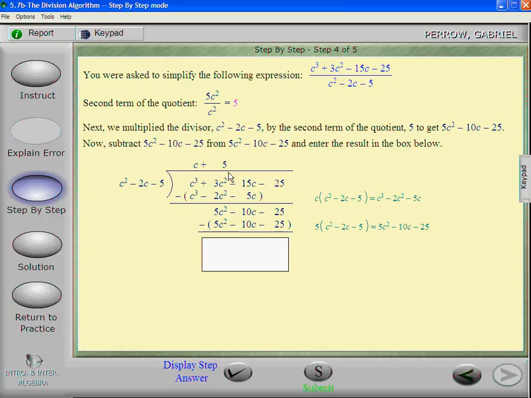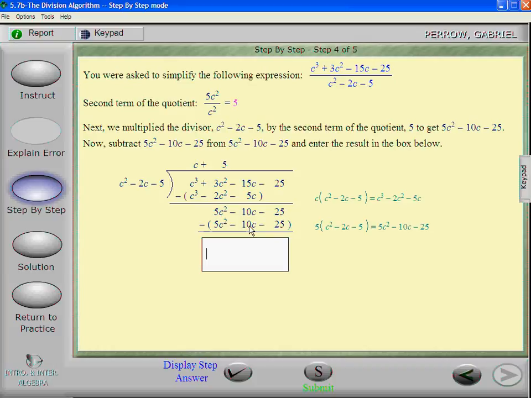Okay? Remember the process. You do the front values, you calculate what the quotient was of that. That was 5. Multiply it now with each value over on the left-hand side. They're showing that over here on this step. They're saying 5 times c squared is 5c squared. Notice that went right there. 5 times negative 2c is negative 10c.